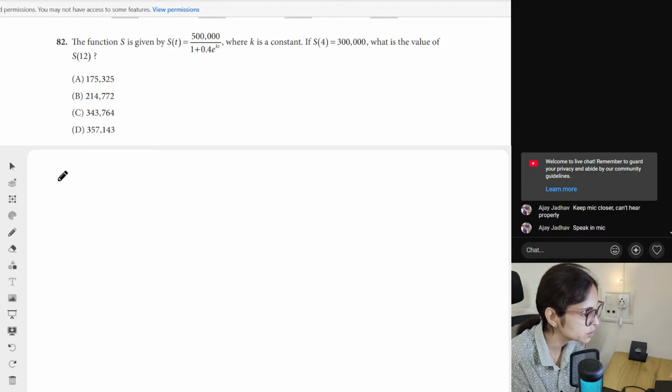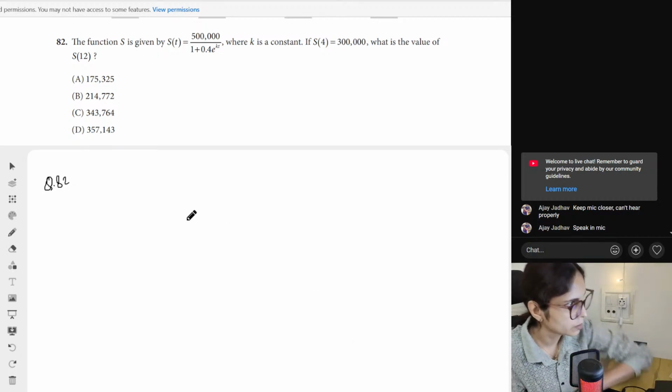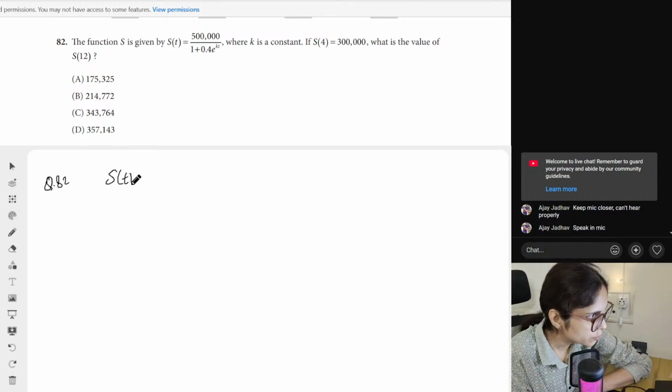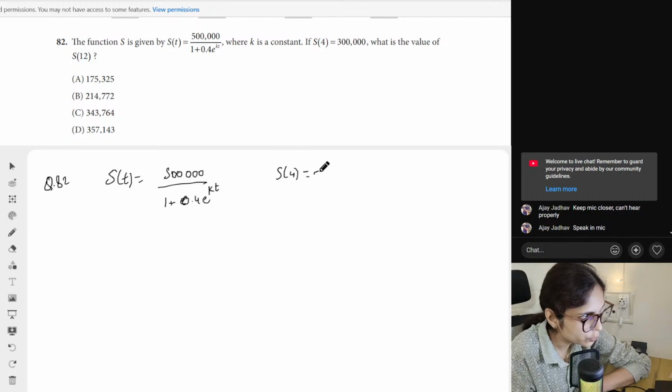So this is question number 82. S of t is equal to 500,000 over 1 plus 0.4 e to the power kt. Now S of 4 is 300,000.